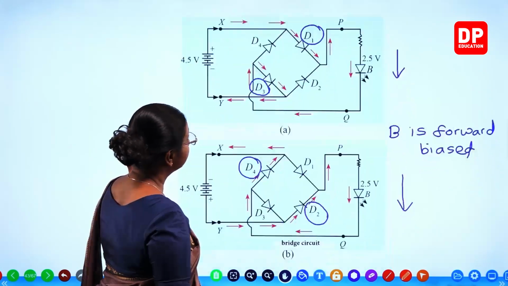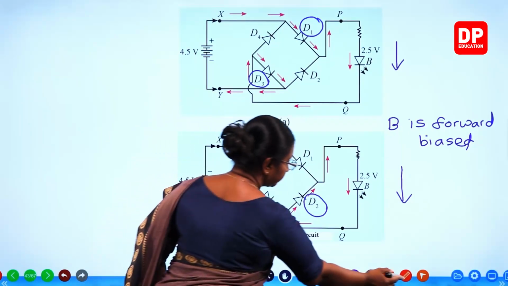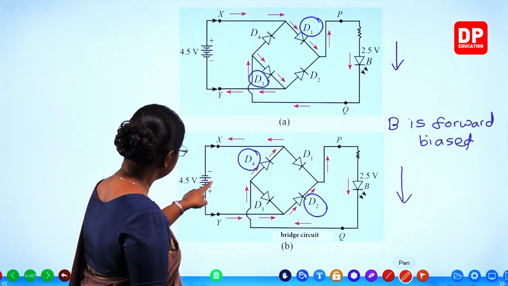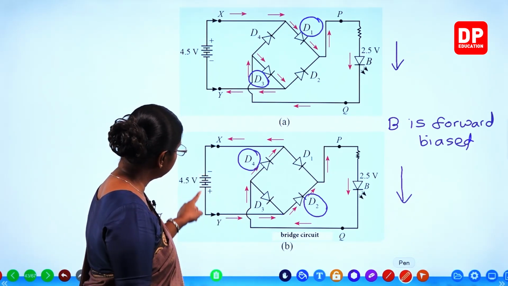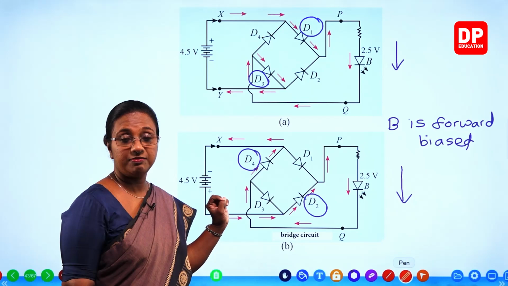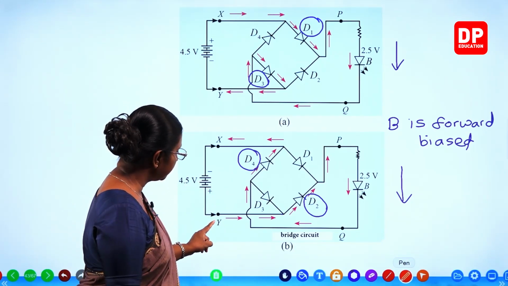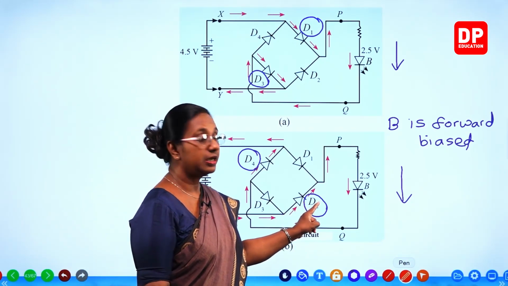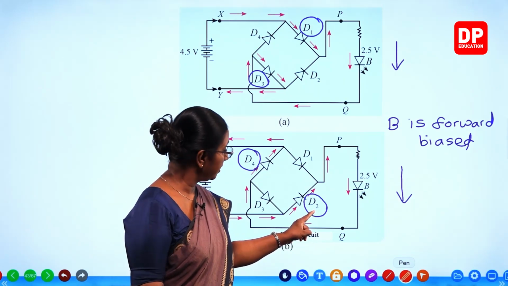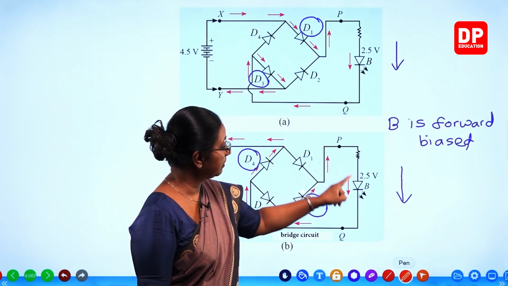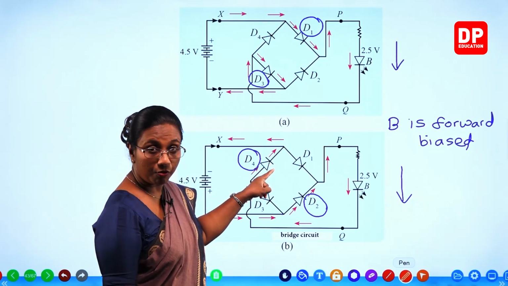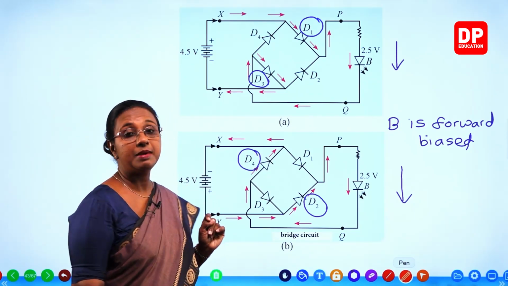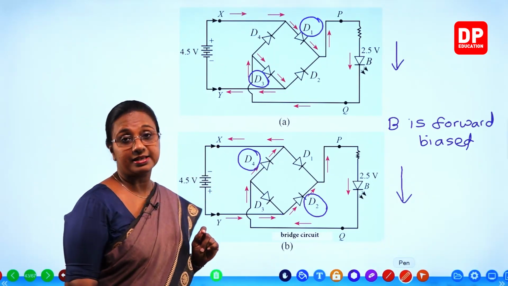The same way, in the second instance, here you can see the terminals of the batteries have been changed. This is the negative terminal, this is the positive terminal. Positive terminal to Y, then from here diode D2, then to point P, the bulb, then Q, then through D4, and then back to the batteries through point X.